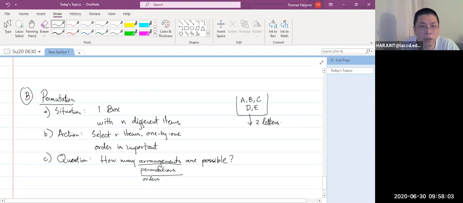Okay. But of course, there are possibly other words that they use to imply the order is important. And then the solution will be nPr.